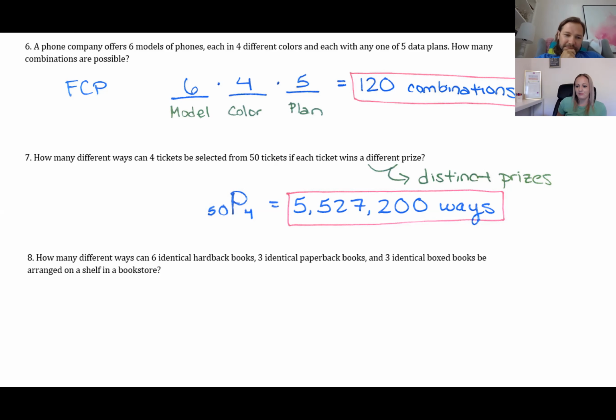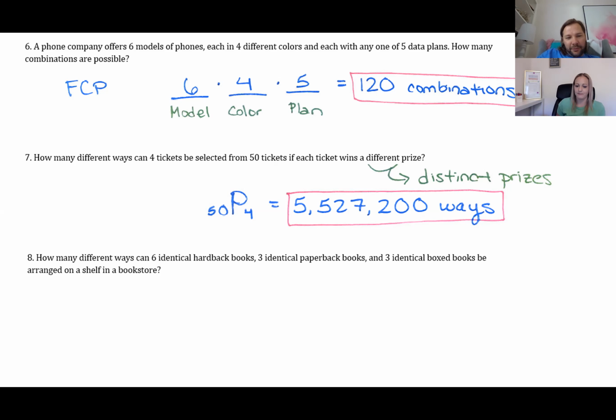Good. Okay, so number 8 says, how many different ways can 6 identical hardback books, 3 identical paperback books, and 3 identical boxed books be arranged on a shelf in a bookstore? Okay, do you remember what the word identical was a key word for? Which rule? Right, that's permutation rule number 2.